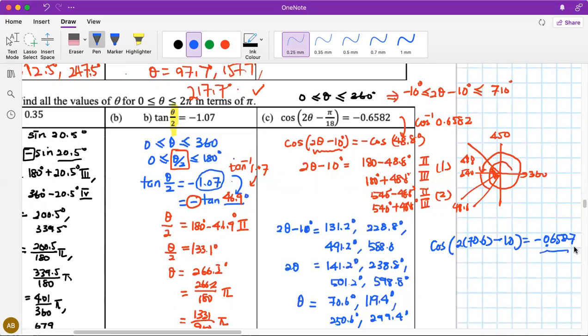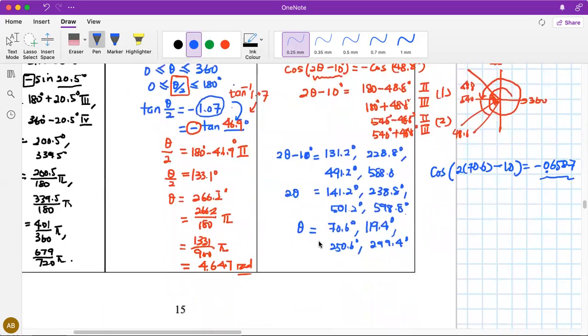So it's almost there, because we rounded off to 1 decimal place. If you want to be more accurate, then you change to 2 decimal places.